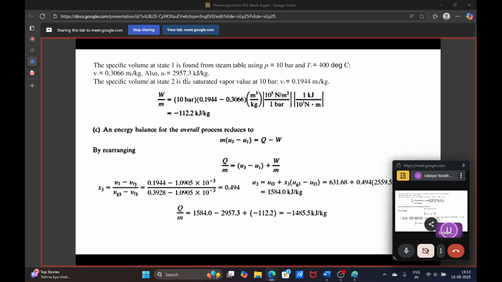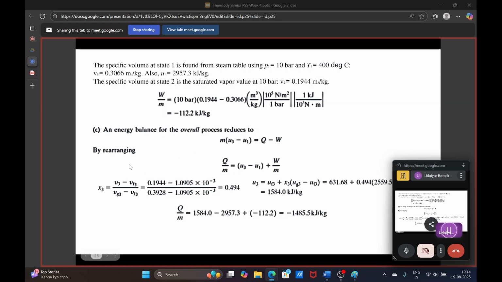So if we do an overall energy balance, m into (U3 minus U1) equals Q minus W. By rearranging, we get Q by m is U3 minus U1 plus W by m. So we know U1. Once we find U3, we can find the total heat which is removed from state 1 to 3.